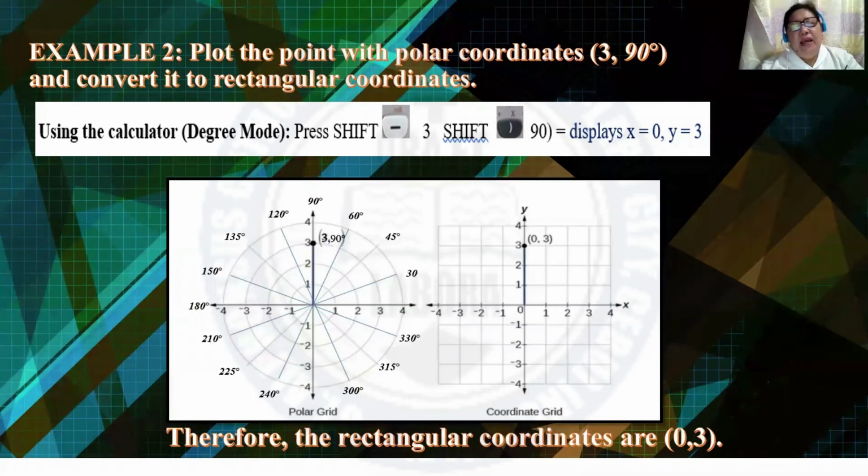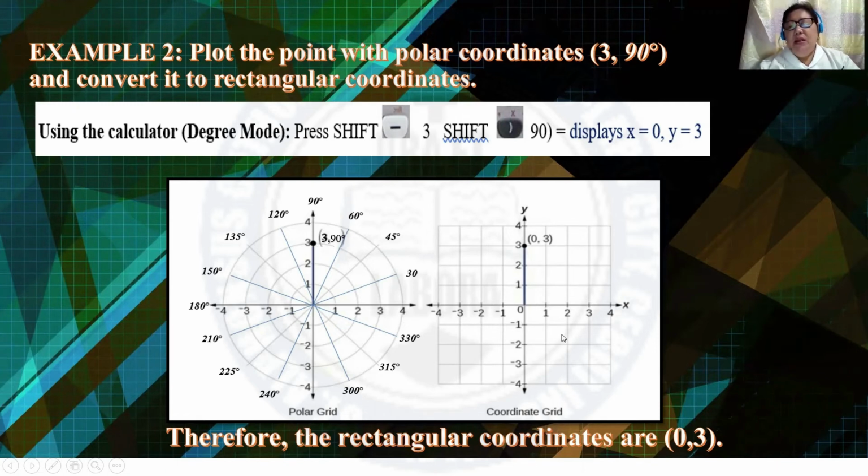So this is the graph. To locate 3, 90 degrees in the polar grid, you count 1, 2, 3 as the radial distance, and this positive y-axis coincides with the 90 degrees. So you mark a point here, then this is now the point with the coordinates 3, 90 degrees.